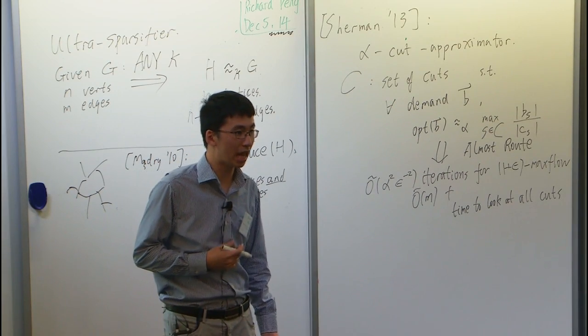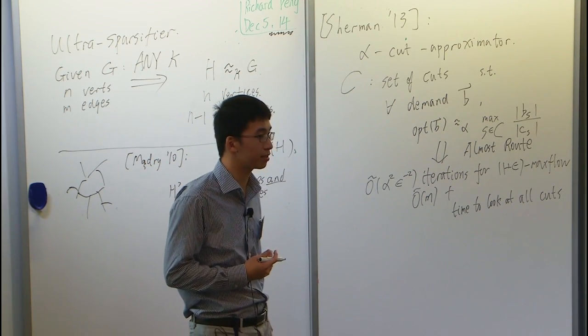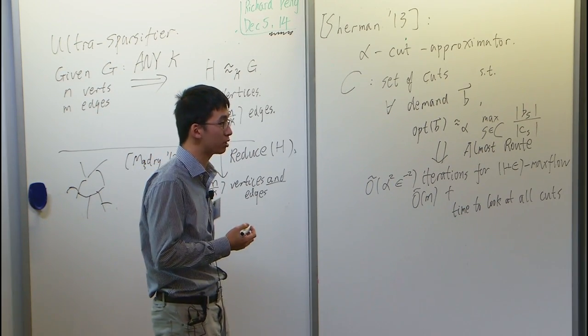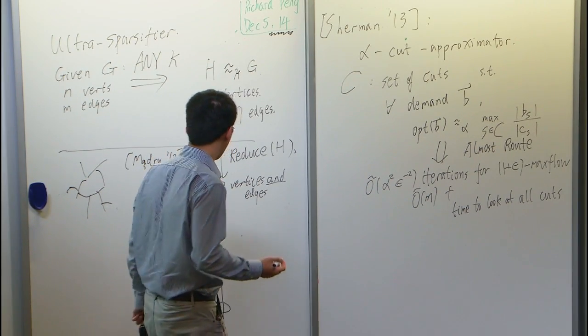Furthermore, what he showed is that if I happen to have a cut approximator for H prime, I can bring it back into a cut approximator for H. That's only a constant factor off.